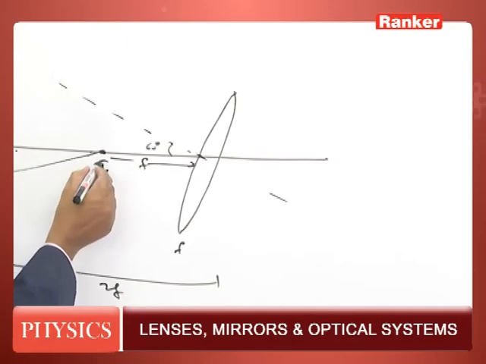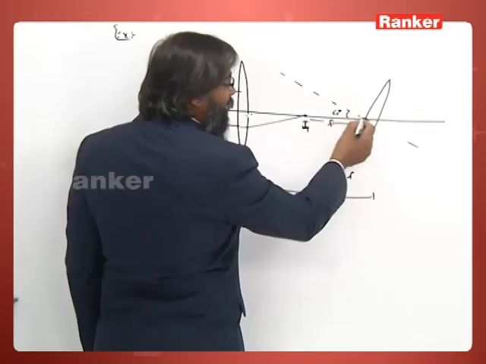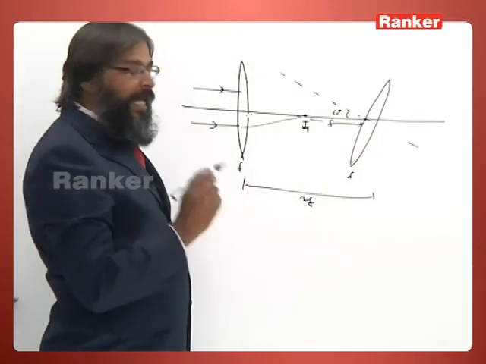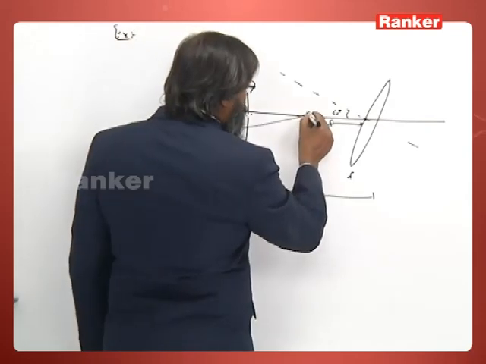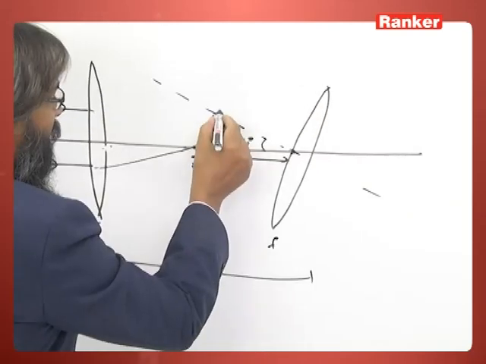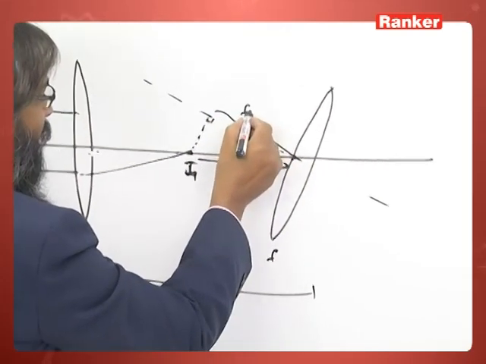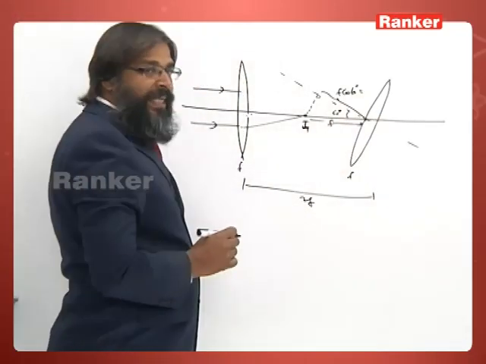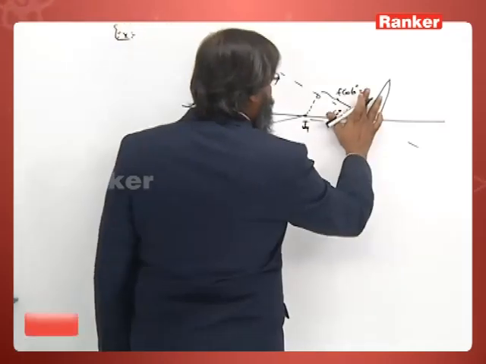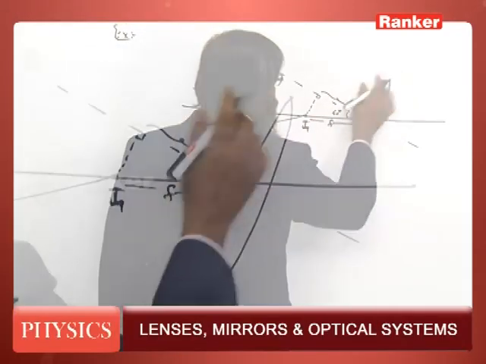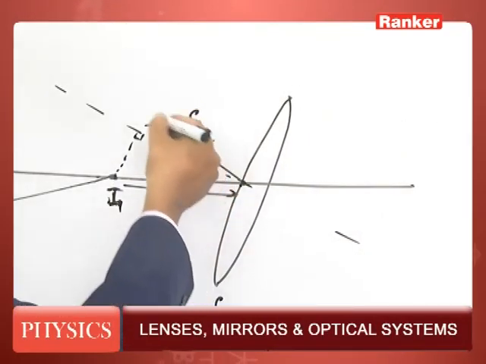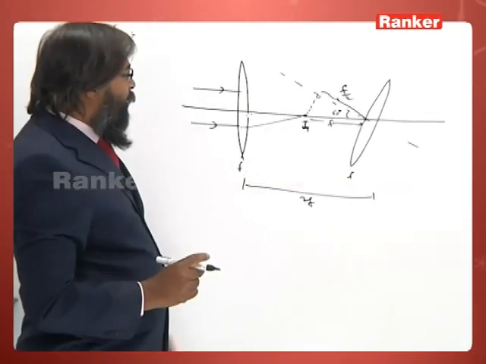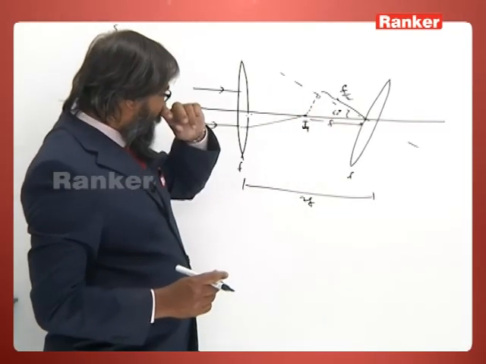Now the distance of I1 from this lens cannot be considered as f. We drop a perpendicular here, the distance will be this much, that is f cos 60 degrees. Cos 60 degrees is half, so that becomes f by 2. So we got this distance as f by 2.